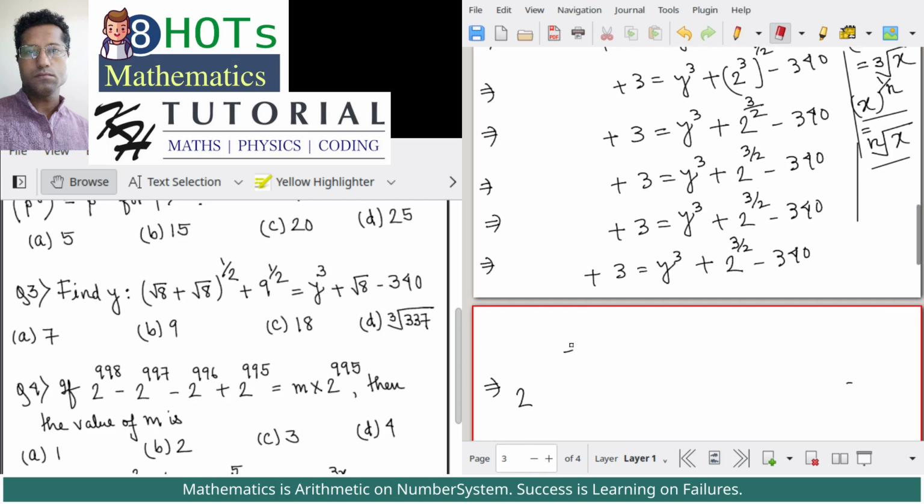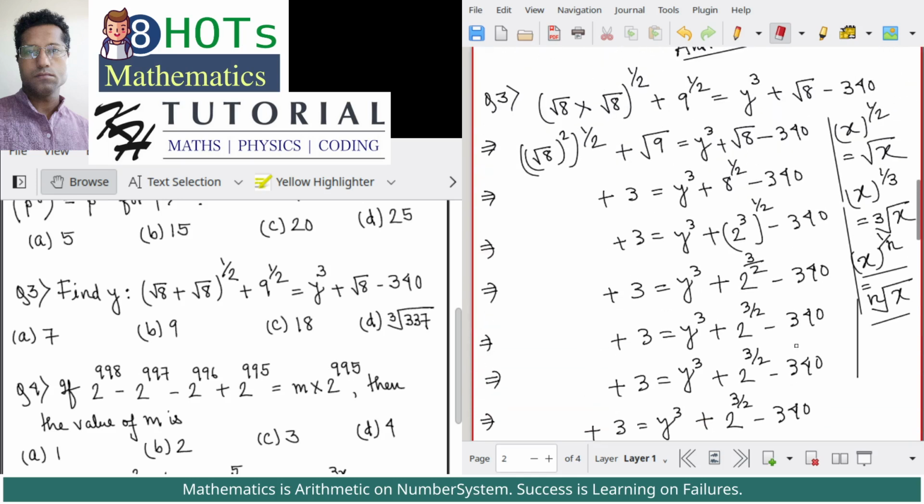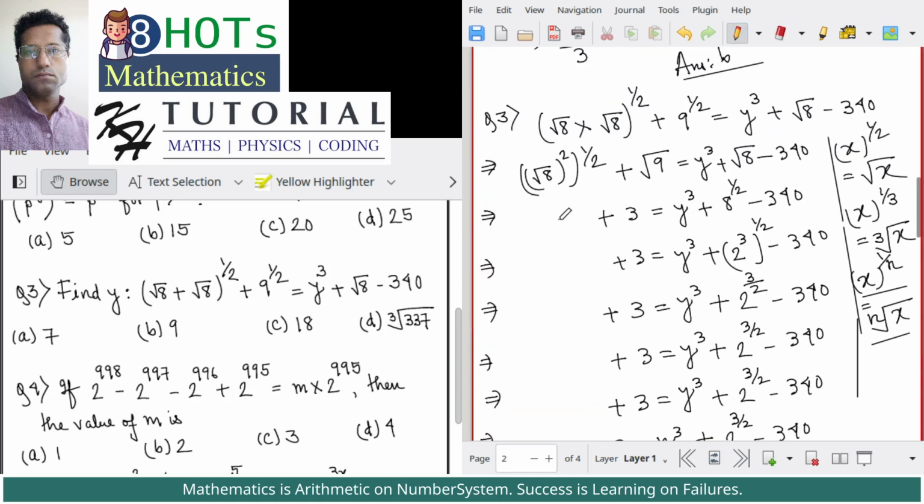Sorry friend, this kind of mistakes I always do. I'm really sorry. Okay, so we have this root 8 square, a square of root 8 and then whole raised to the power half. So this is nothing but square root of 8, and the power gets multiplied. So 2 multiplied by half. So again in the next step it will be square root of 8 only.